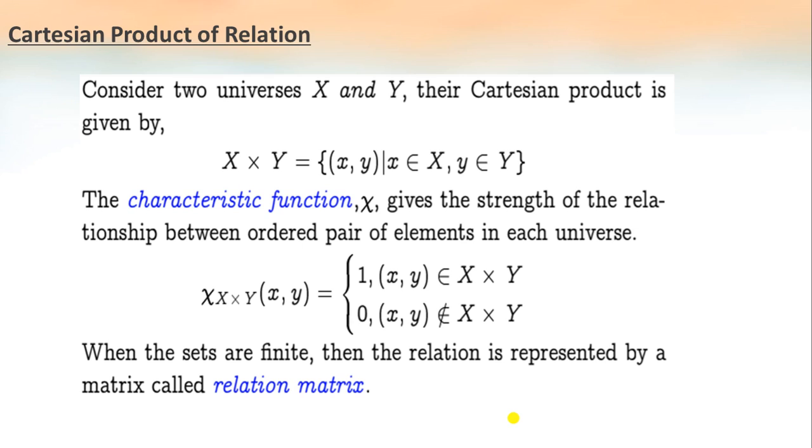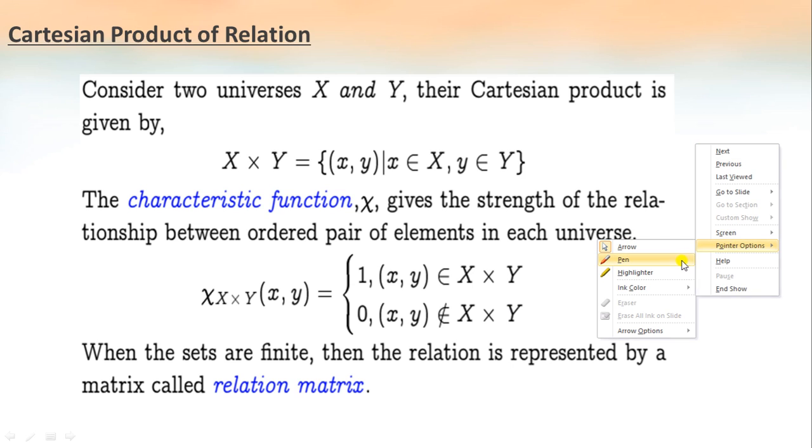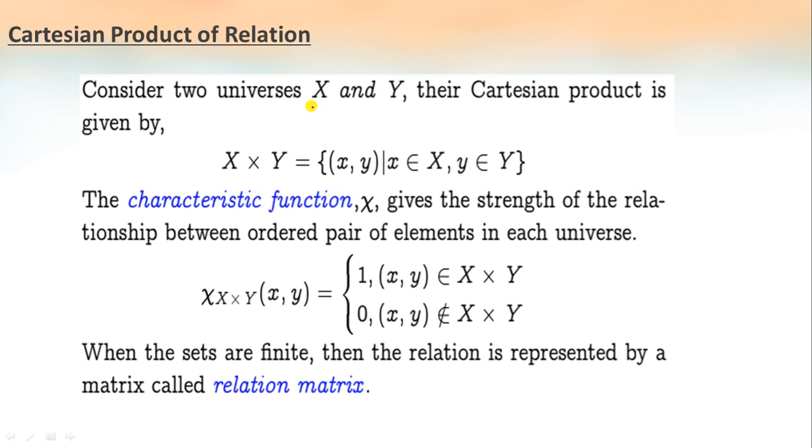Let us see what is meant by a Cartesian product of a relation. Consider that we have two sets or two universes, let us say X and Y, and their Cartesian product is given by X cross Y. This is the symbol which is used to represent the Cartesian product.